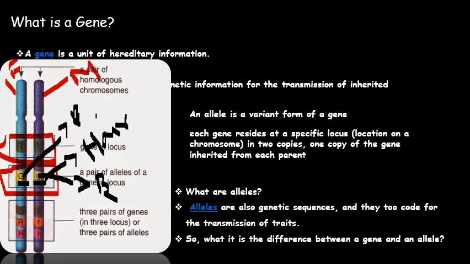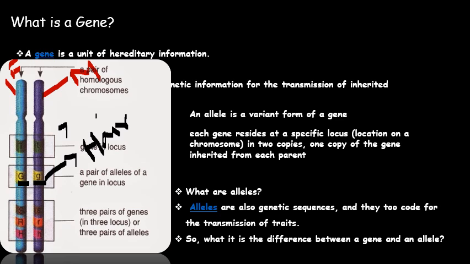Say for example here we have capital G and small g. As I told you, capital G codes for brown color and small g codes for black color. So this type of allele pair is what we call heterozygote.